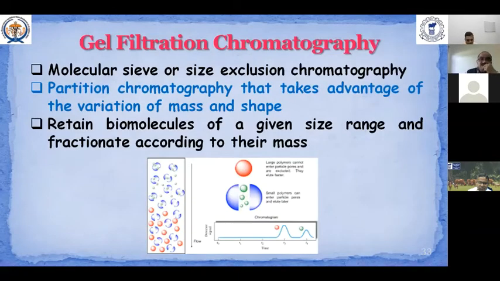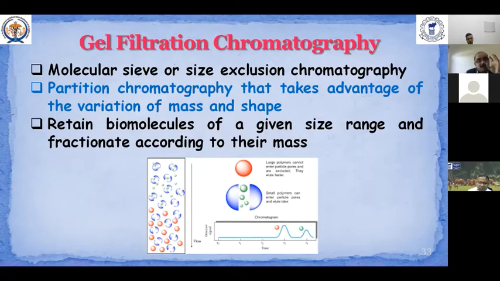Then we come to the individual types of chromatography. Number one is gel filtration chromatography. As we know, biomolecules differ in their molecular size and molecular shape. Gel filtration chromatography uses this variation of mass and shape for separating biomolecules, and that is why it is also called molecular sieve or size exclusion chromatography.